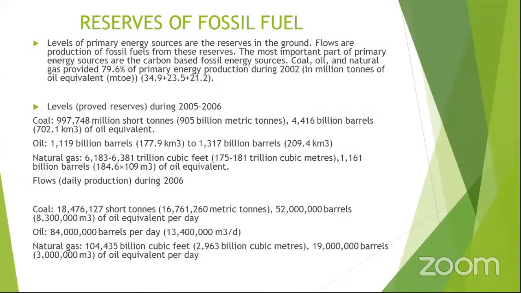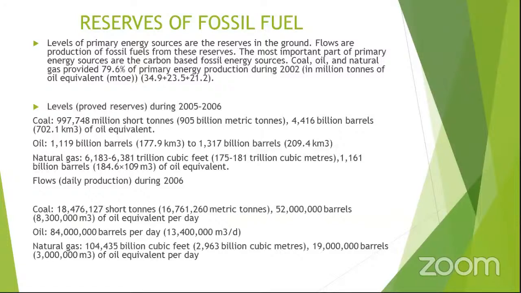All right, now if you consider the estimate of reserves of fossil fuels, this is the estimate for 2005 and 2006. Now the coal is estimated to be around 9,97,748 million tons.